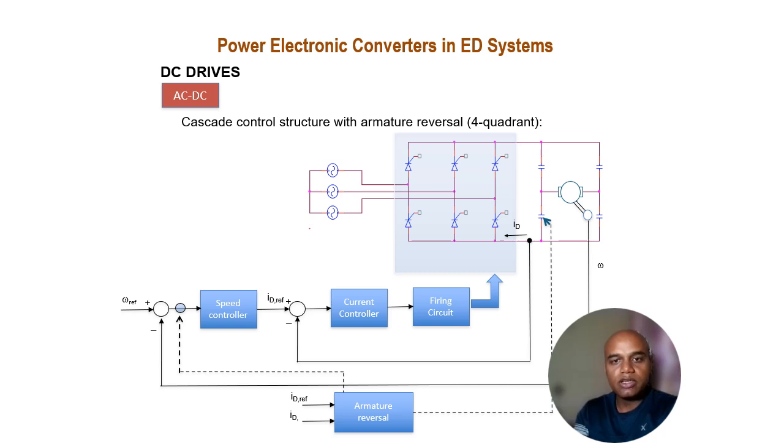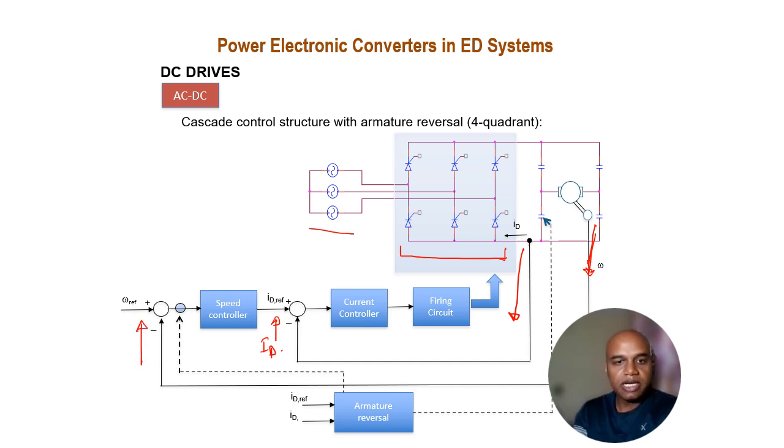Here it shows that the three-phase supply is going to my three-phase rectifier. Here I have taken the feedback, which is the value of my direct axis current, and the speed feedback is going through this solid line to this comparator over here.